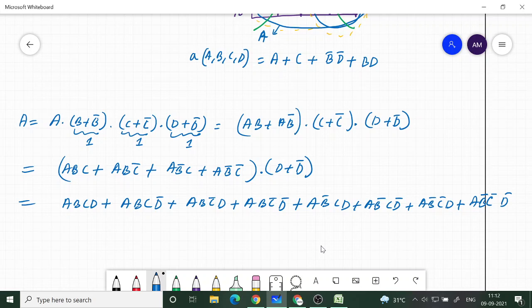How many terms did we get? 8, sir. 8, right? So these 8 terms can be simplified and shown as A.